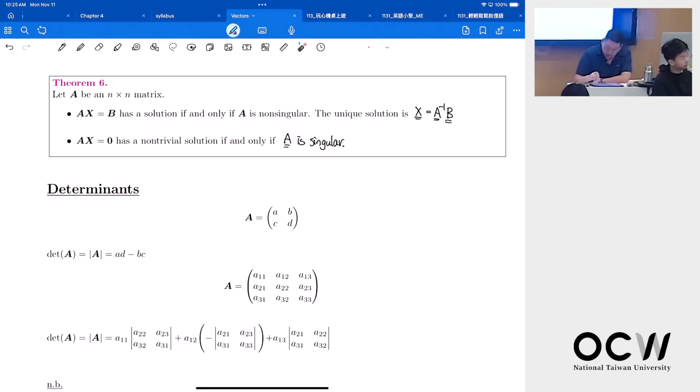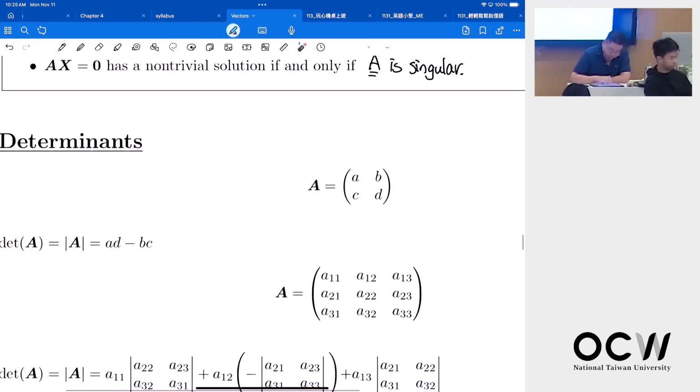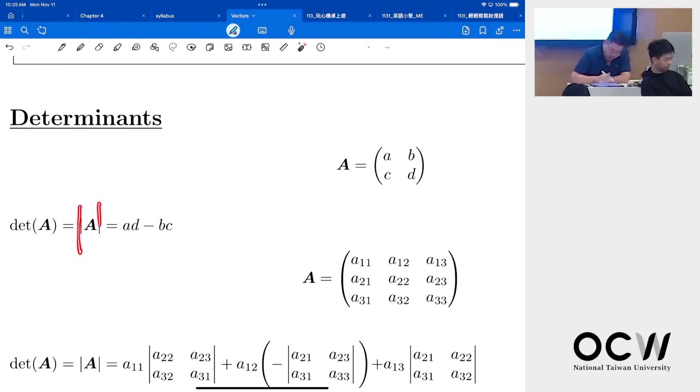So next, we're going to talk about the determinant, because we will also use the determinant to express the solution of the system of equations, or later on, the differential equations. So what is a determinant? I have a 2 by 2 matrix A. The determinant of A, I write it with bars included.